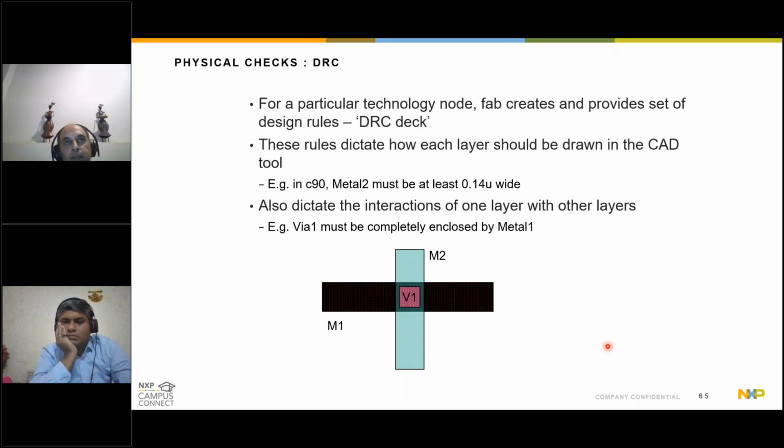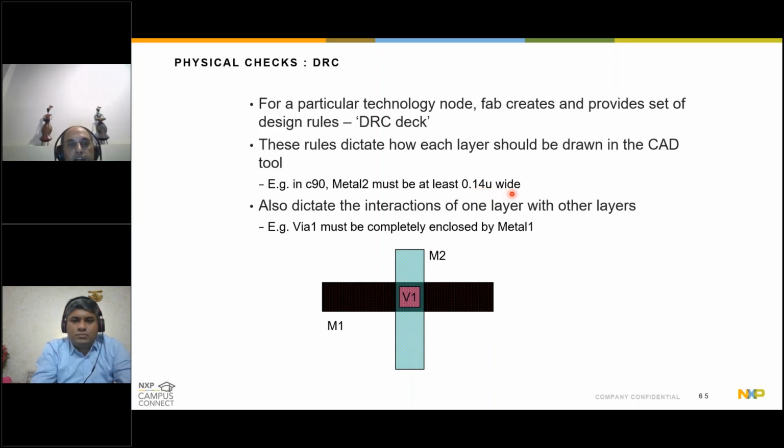And the people who are doing the PDKs will translate the design rule manuals into tool-understandable decks. We call it a deck. This DRC deck will define what rules you will need to obey when you are doing the layout of your design for it to be manufactured correctly. One typical example is, let's say, 90 nanometer: metal width must be at least, let's say, 0.14 micron.